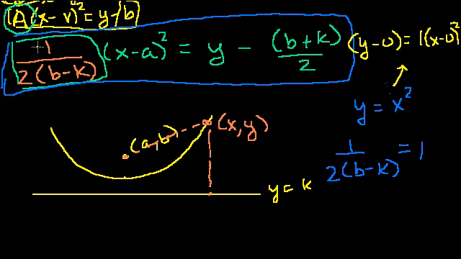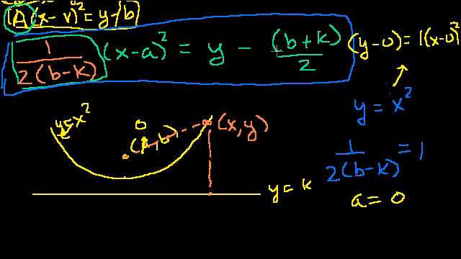So the 1 over 2b minus k is the coefficient in front of the x minus a squared term, which is why it has to be equal to 1. And a is equal to 0 in this situation, since y is equal to x squared.